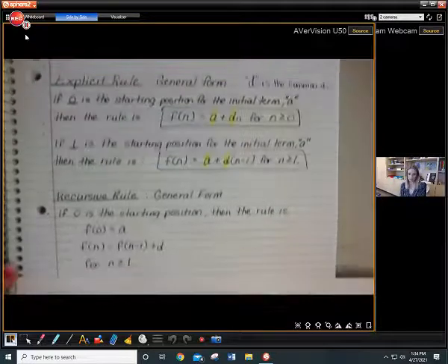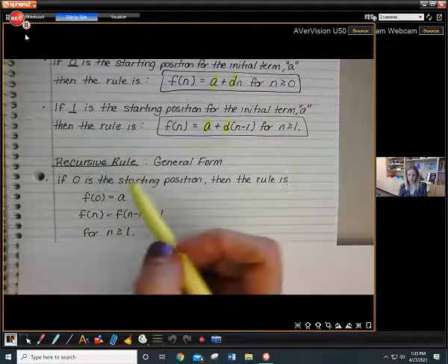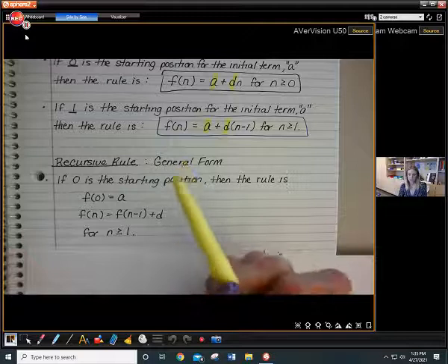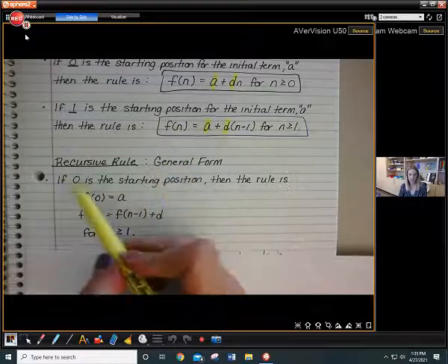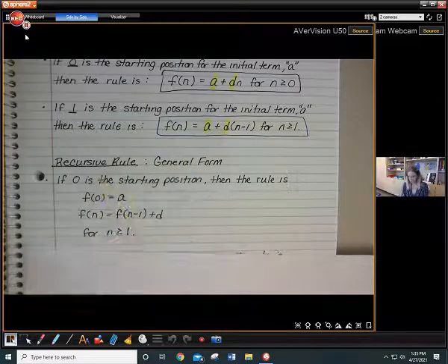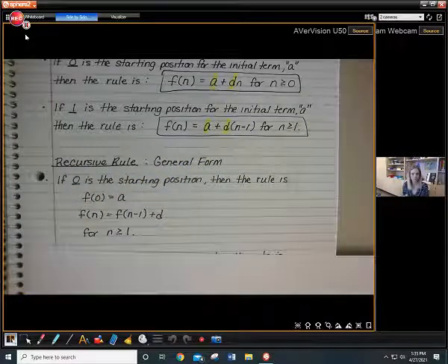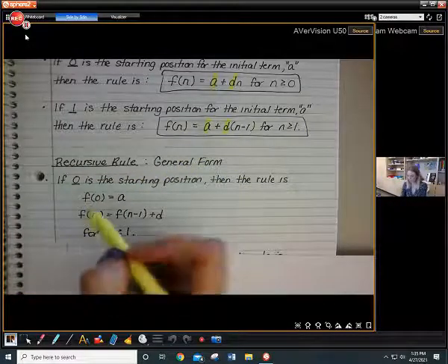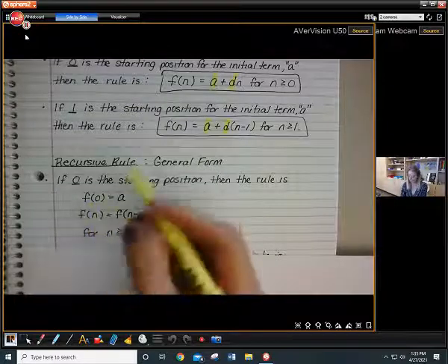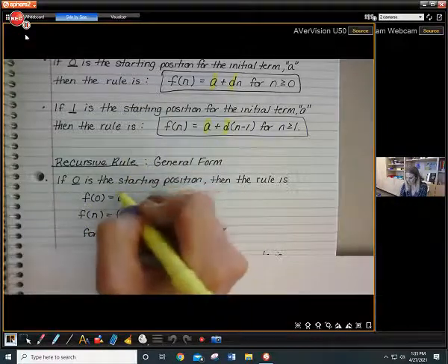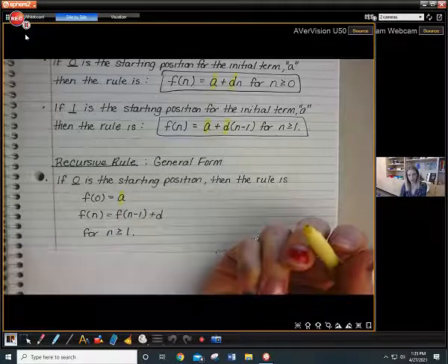Now, a recursive rule, like I said, talks about using a previous number. So if you have a 0 as your starting position, your rule is going to be, and you're going to write down f of 0 equals, again, you're going to plug in what that first term is.